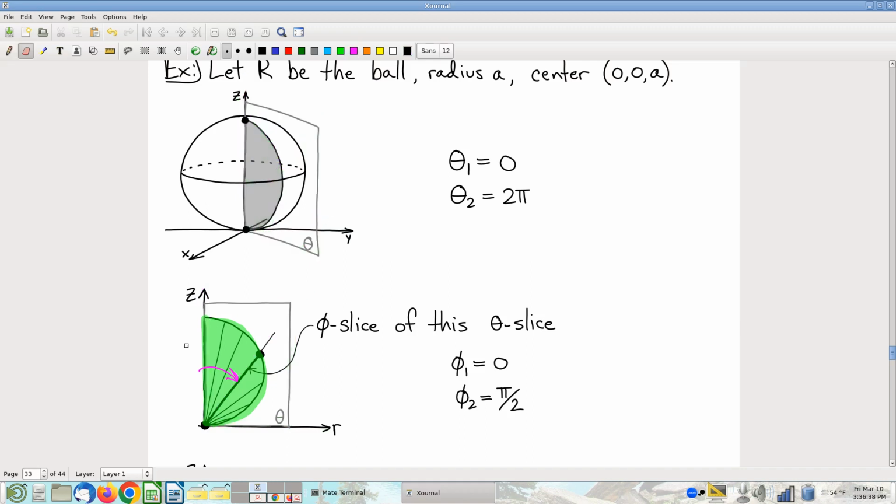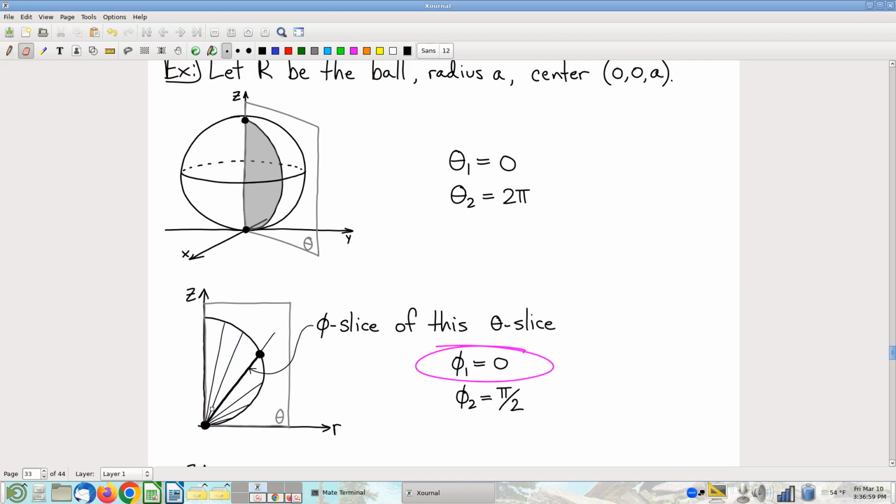Okay, so with that in mind, what is the range of values of these phi slices? Well, you just got to look at what you got and go start to finish. The first slice is going to be there, where phi is 0, straight up, right? The angle off the z-axis is 0 when you're looking along the z-axis.